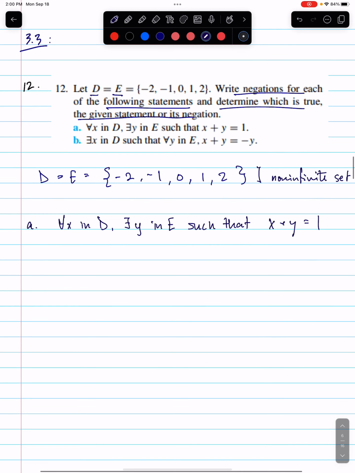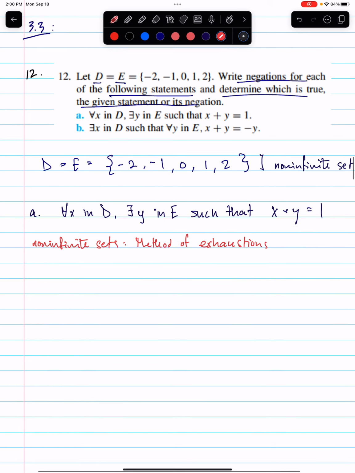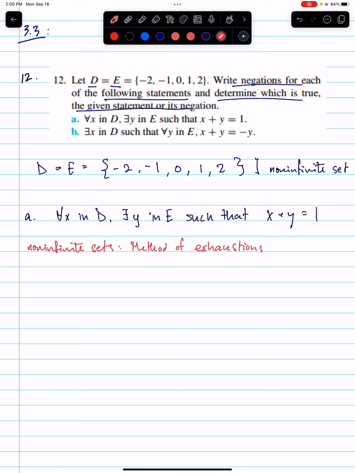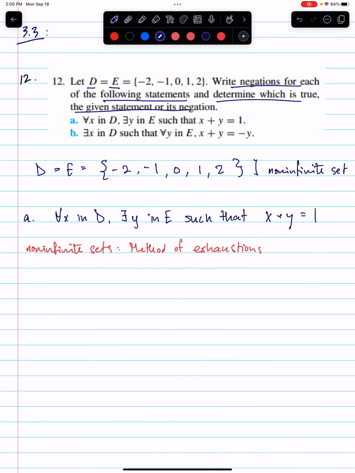For non-infinite sets, you can use the method of exhaustion, which means we try every possible scenario because there's only a finite number of numbers. Then we could try every scenario and see if even one of them misses. Since it says for every, even if one of them misses and one of them is false, that means the statement is false, right? So since we only have 5 numbers, we could try every possibility and see if it works.